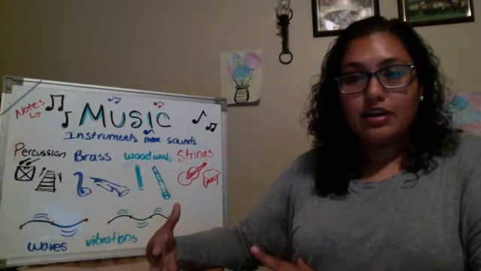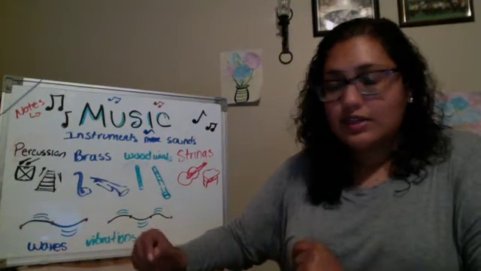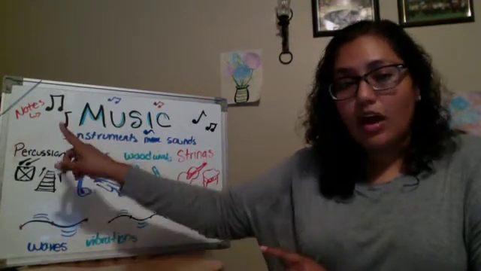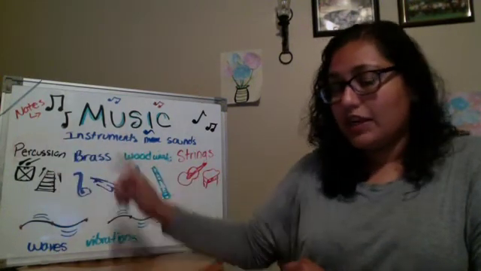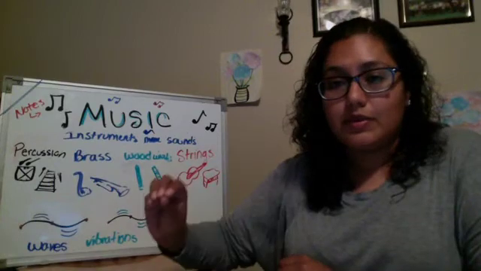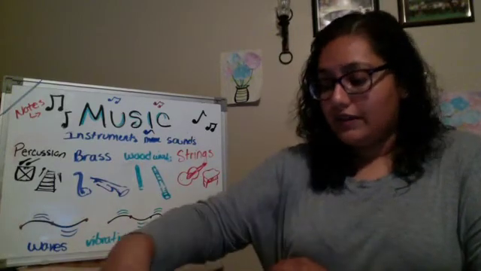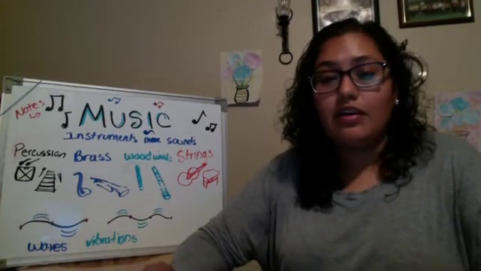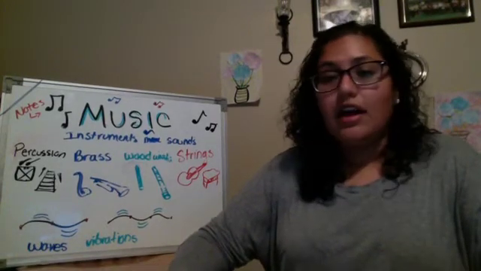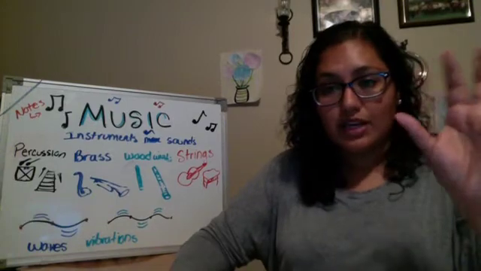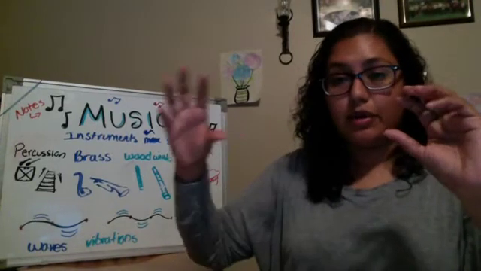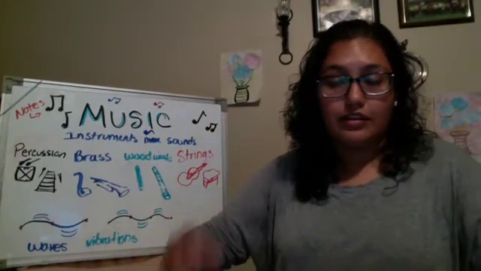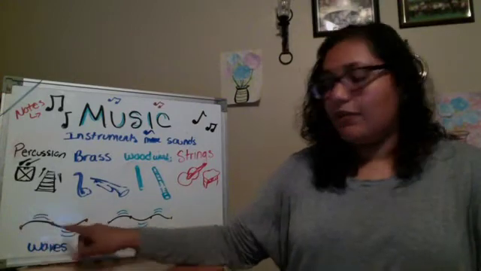Before we get started on making those instruments, I need to let you know that all of the notes that make up the music are basically sound waves, okay? As I told you on our last lesson, when vibrations begin, they start to travel and touch other particles until they reach our ears. So basically, they form a wavelength.